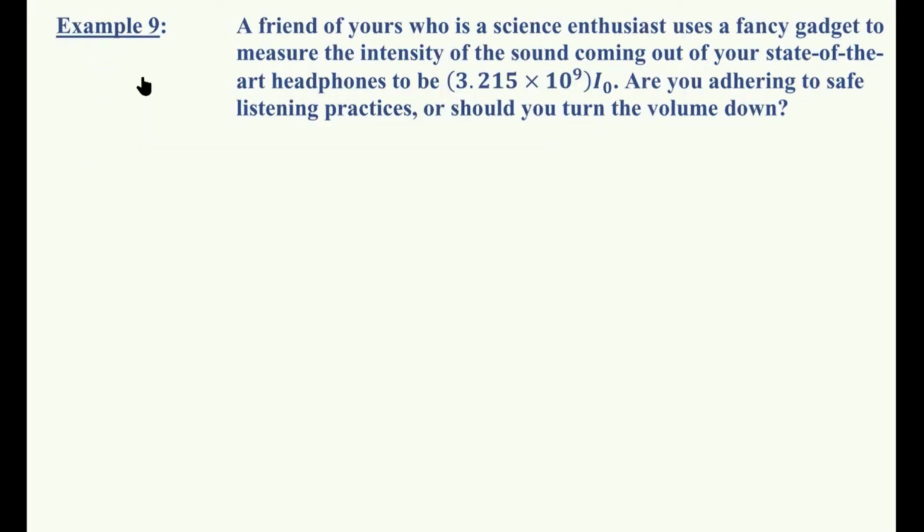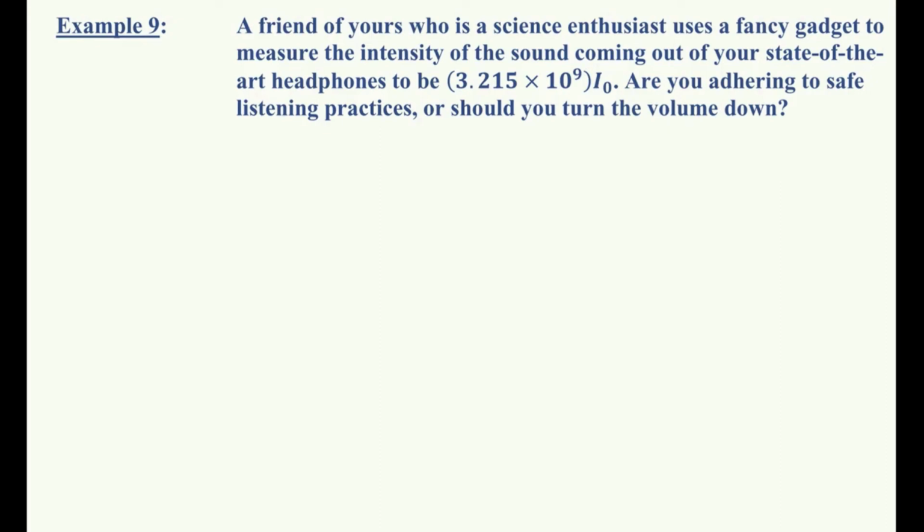All right, so in this example, a friend of yours who is a science enthusiast uses a fancy gadget to measure the intensity of the sound coming out of your latest state-of-the-art headphones, and they calculated it to be this much times that threshold sound which we discussed. And we want to know if you're adhering to safe listening practices or whether you should go ahead and turn down the volume.